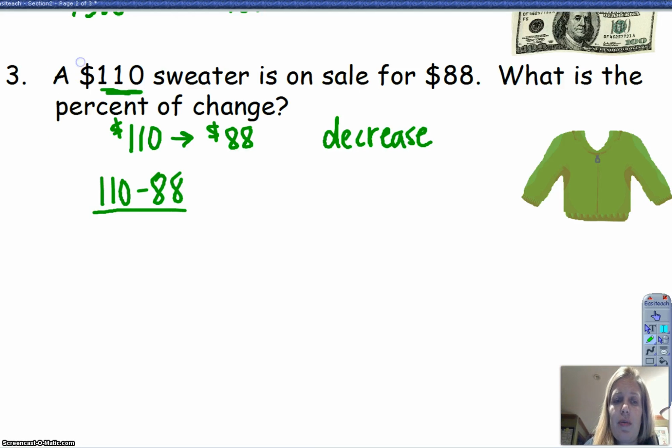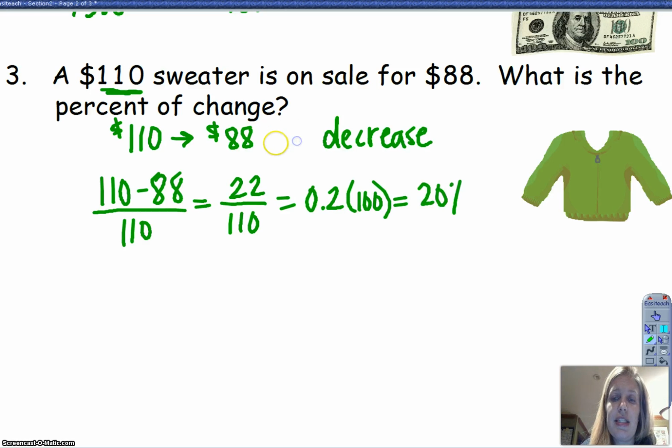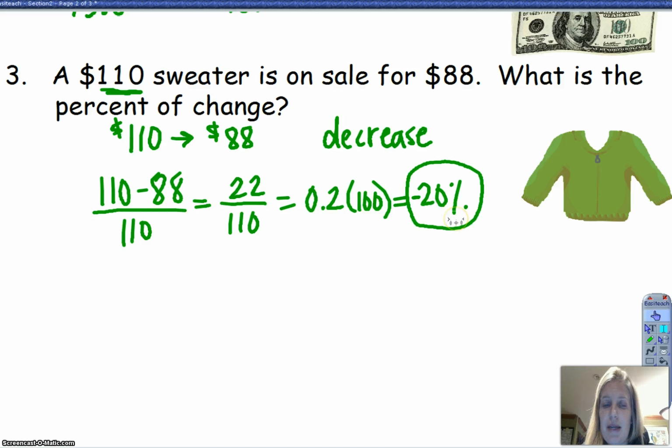Well, the sweater started out at 110. 110 minus 88 is 22, divided by 110 is 0.2. Then I multiply by 100, or move it over 2 places, and you will get 20%. Now we said it was a decrease, so we're going to add a negative in there. And that's our answer, that it was a discount of 20%, that it went down 20%.